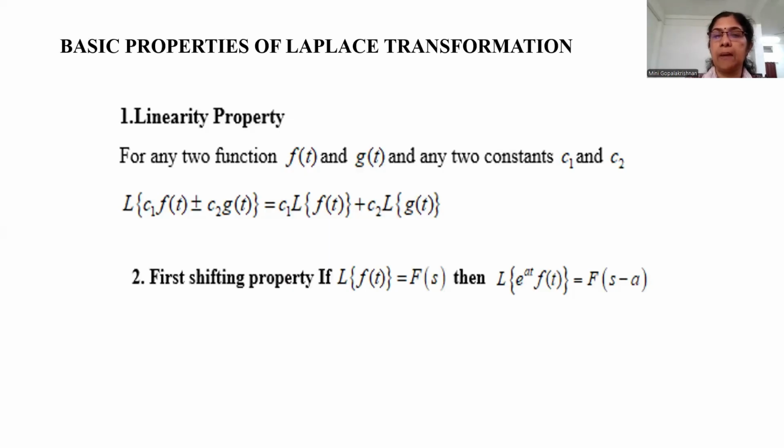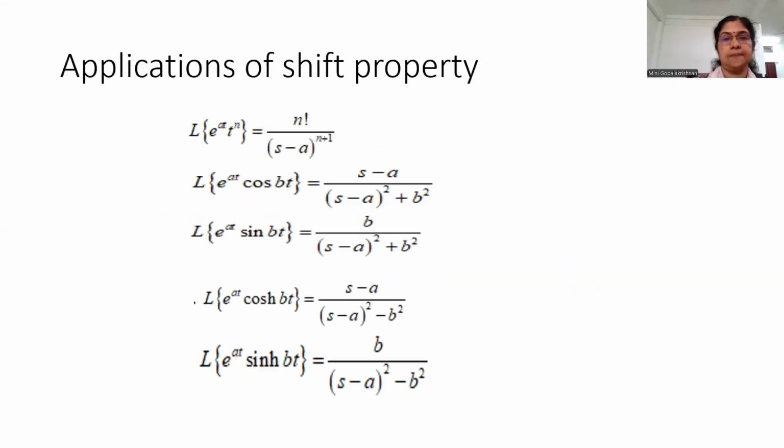So when you take the Laplace transform of the exponential function with the real valued function f of t, then we get F of s minus a. Your s, the frequency domain, gets shifted to s minus a. So that exponential function multiplied with our f of t really brings in a change in the frequency domain. F of s becomes F of s minus a.